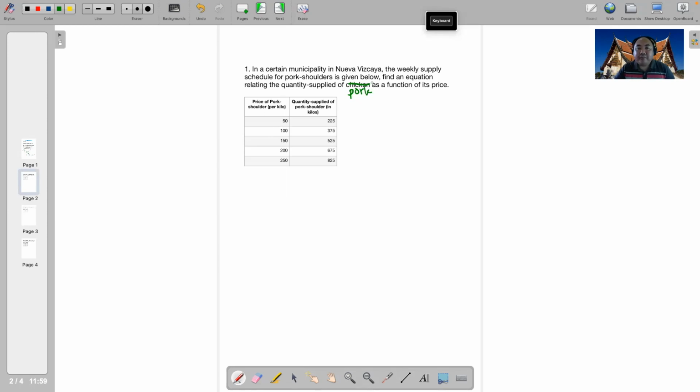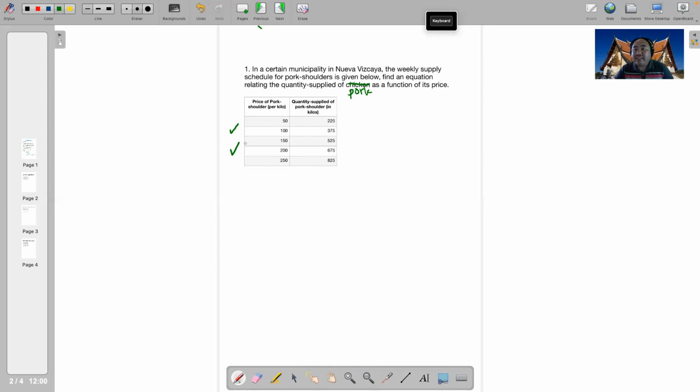So the same thing with what we did in looking for demand equation models. We look first for two points. Let's choose for convenience the price level at 100. You have 375 kilos of pork supplied, and at price level of 200, we have 675 kilos of pork supplied.